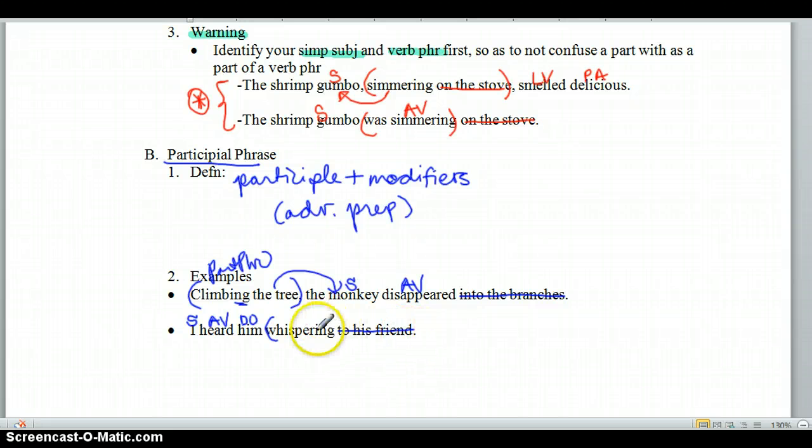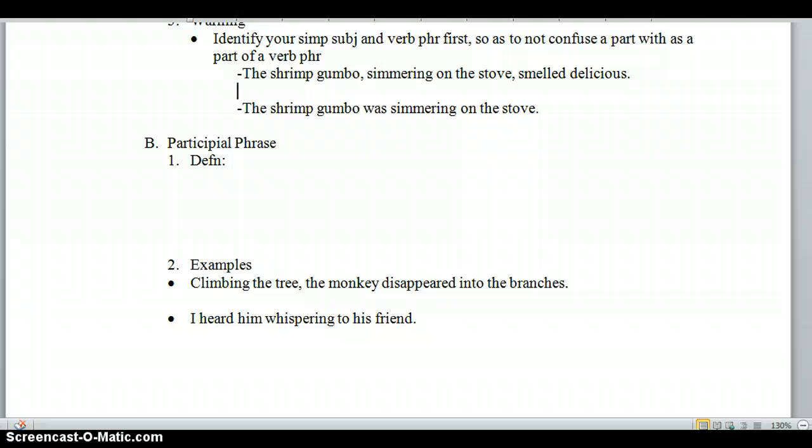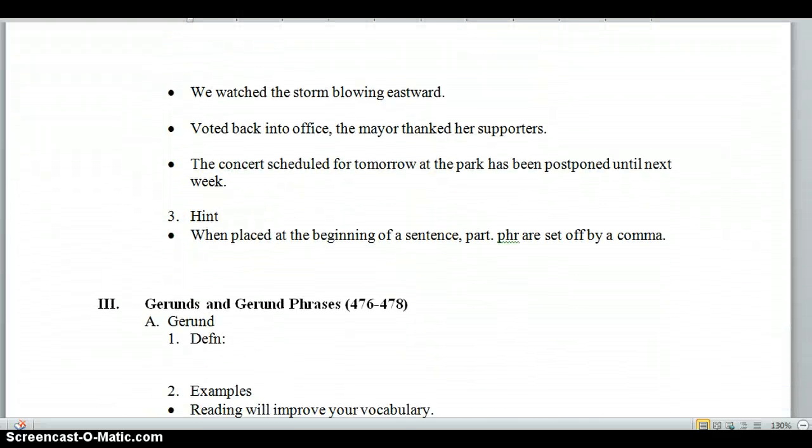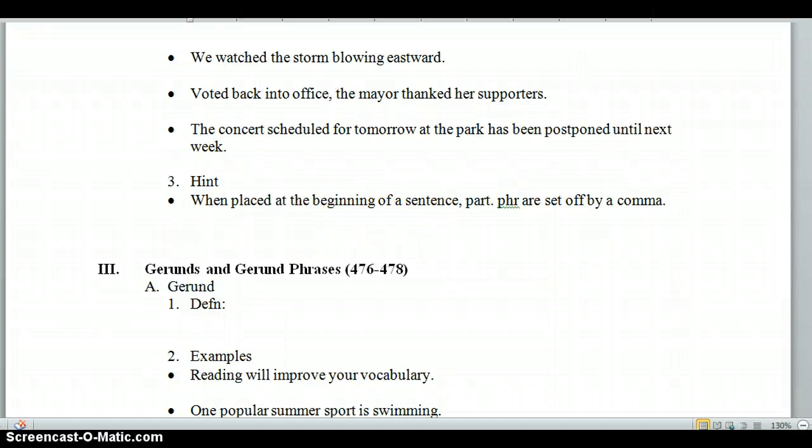Does to his friend tell you more about whispering, or does it tell you more about him? Well, of course it completes this meaning of whispering to his friend, and all of that is describing him. So you really need to use the comprehension element when you're figuring out where a phrase ends. We'll look at a couple more examples.